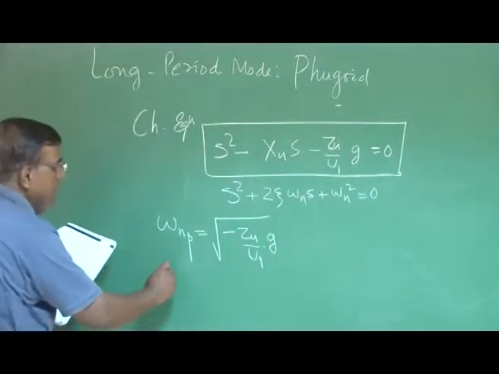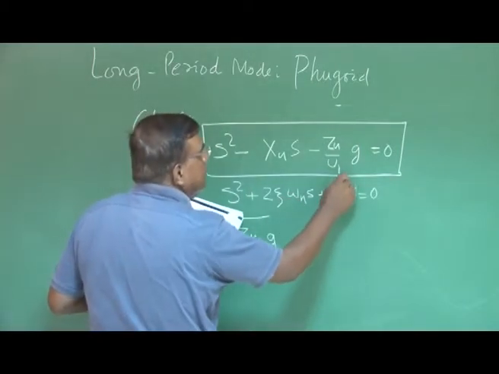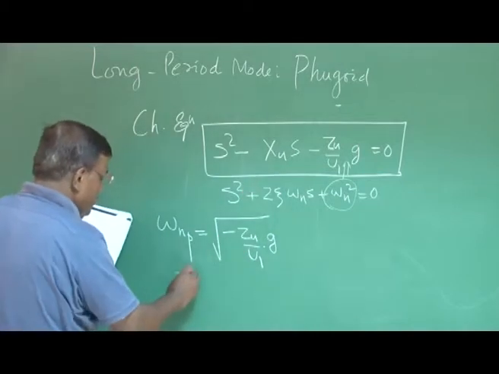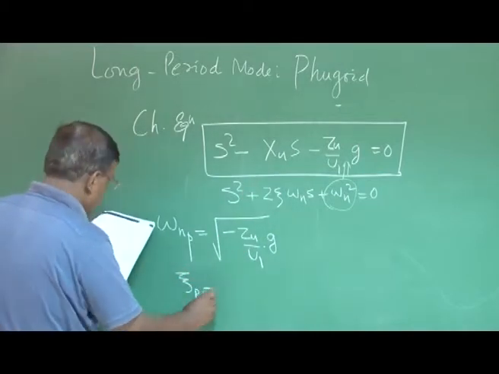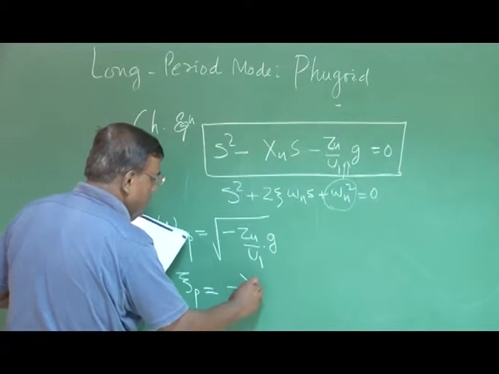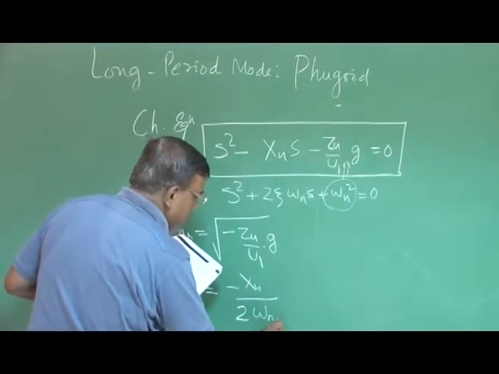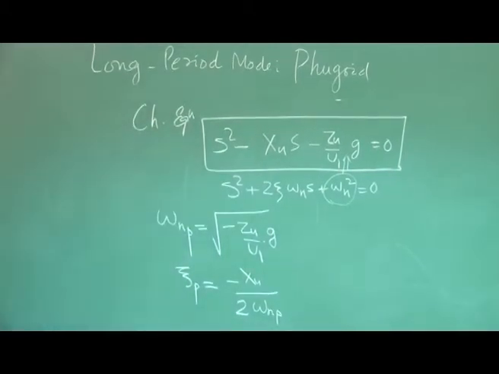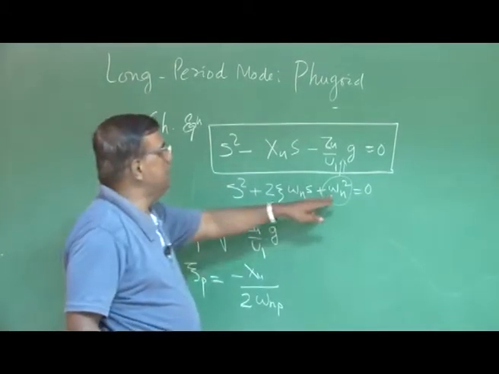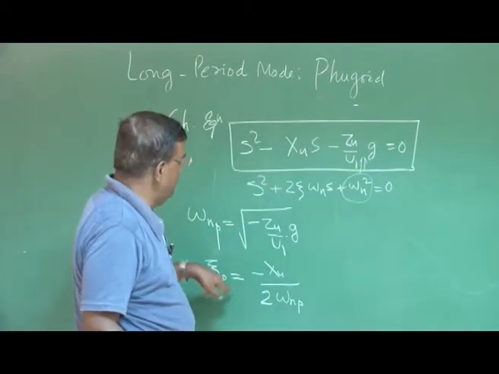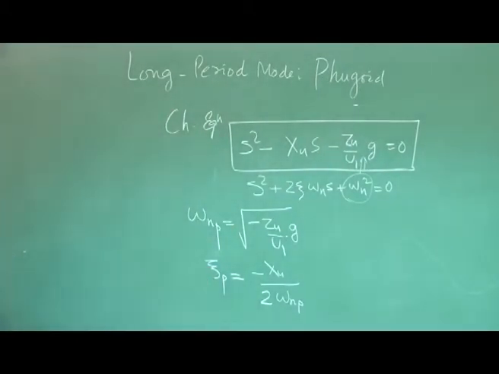Right? Similarly, because this is omega n square, this is equal to this. Similarly 2 zeta omega n is minus Xu. So zeta p, I find it as minus Xu by 2 omega n Phugoid. As simple as that. Omega n will be under root of this, and 2 zeta omega n equal to minus Xu. So from there I find the expression for natural frequency Phugoid and damping ratio Phugoid. Okay?